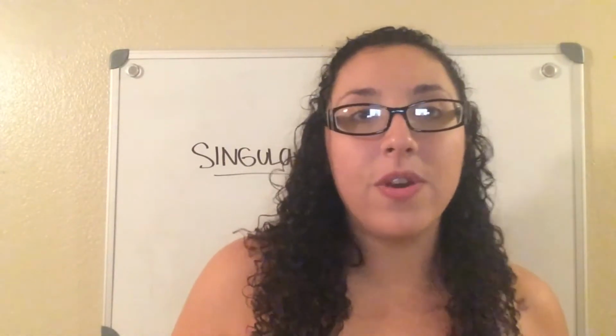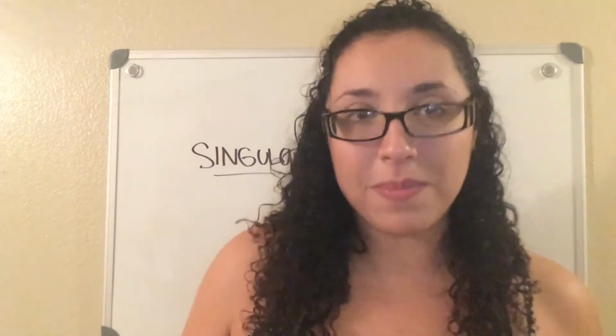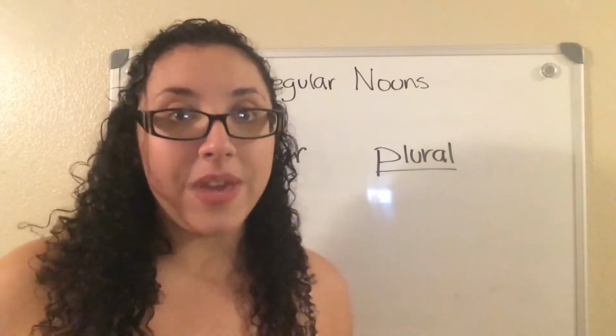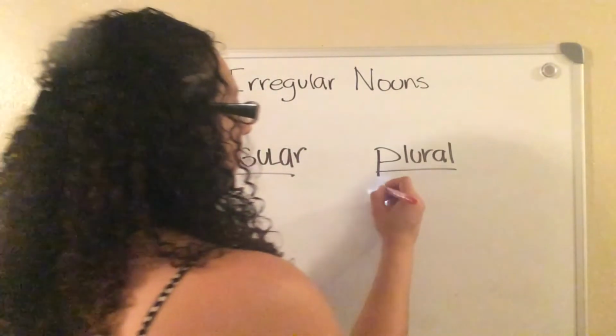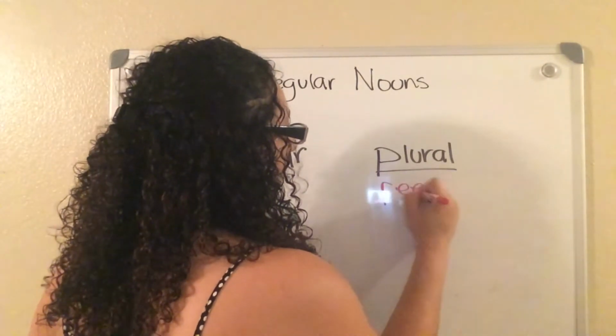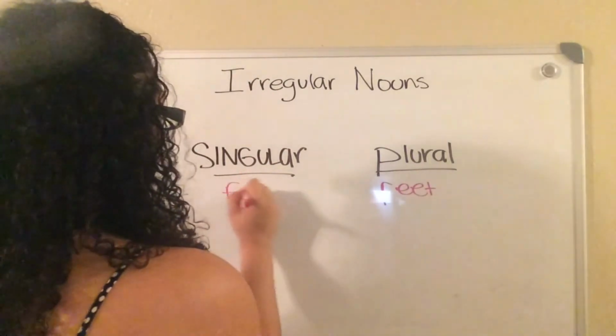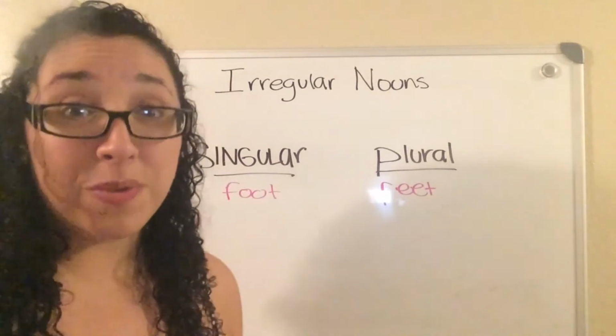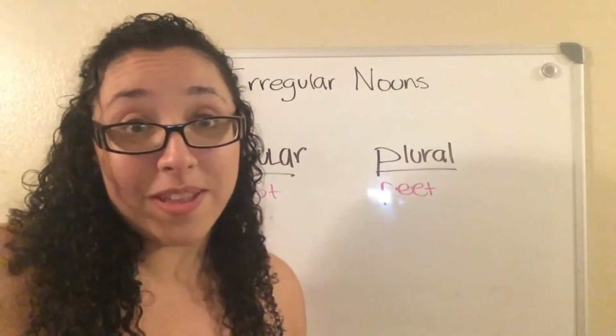I want to give you a few examples though so that you kind of know what I'm talking about. For example, the word feet in plural. It's foot in singular. It doesn't really follow any rules. That's just the way it's written.